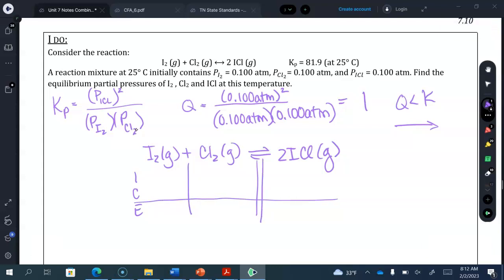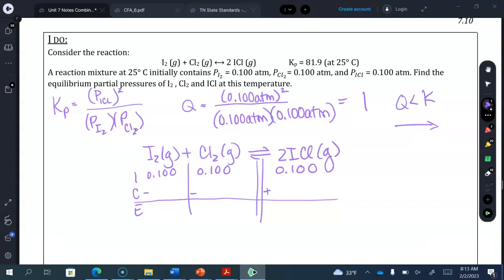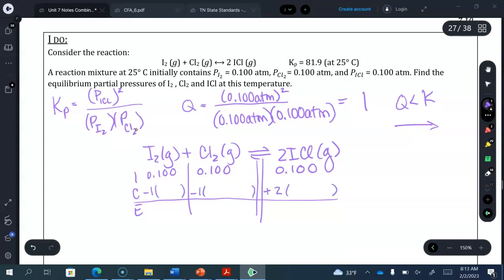We know all of our initial concentrations are 0.1. We know we're shifting towards the products, so we will make products and use reactants. And since it's the change, we use the coefficients. Those coefficients become, the change value is x, because we don't know how it's changing. Writing our equilibrium.